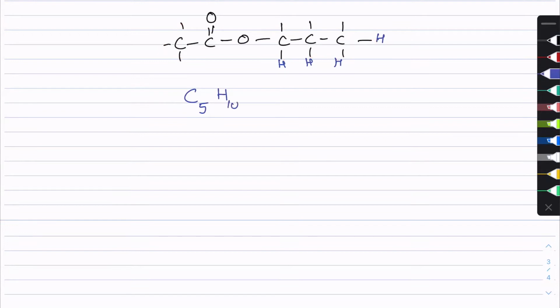So H10, and oxygen 1 and 2, so O2. So there you go. And this one is going to be our molecular formula. And this is also going to be our empirical formula, because you can't simplify this anymore. So basically all I did is calculate this.